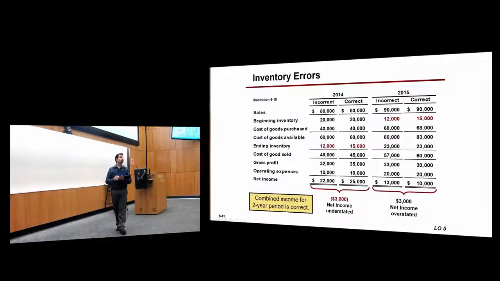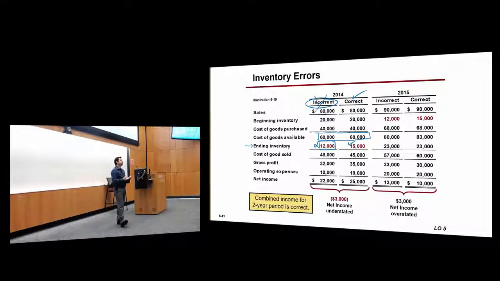This is, for example, the first year and the second year. This one is the incorrect one, and this is the correct one. The cost of goods available will always be the same, no matter what. The count of ending inventory, the incorrect balance, was 12,000. The correct one was 15,000.